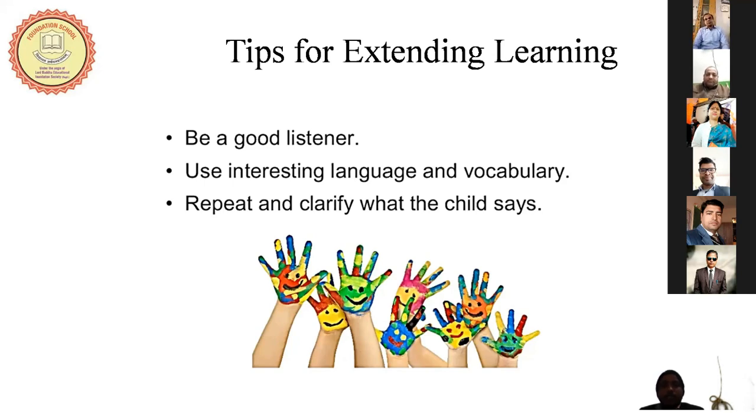Just repeat his word: okay, Satyam is saying pen. If you say like this, the student becomes very happy. So these are the three things that if we follow, we can make the learning process easier for the students. I think they will take it very easily.